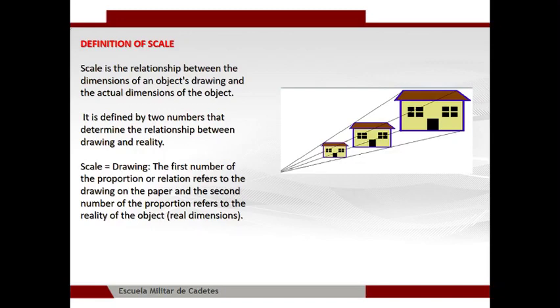Since E equals d/r, the measurement of the drawing divided by the measurement of the real object, we could put the previous scale as E equals 1.5/1. Finishing with this data, we see that it is an enlargement scale and means that for 1 mm, cm, m, etc., of the real object, we have 1.5 mm, cm, m, etc., in the drawing.